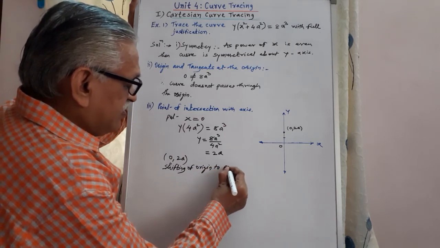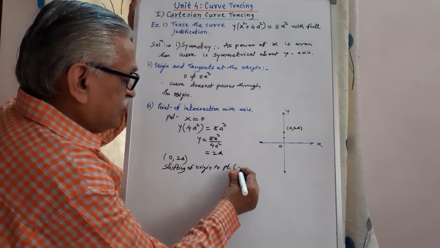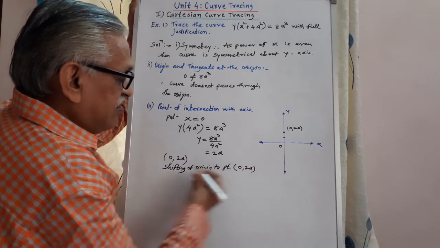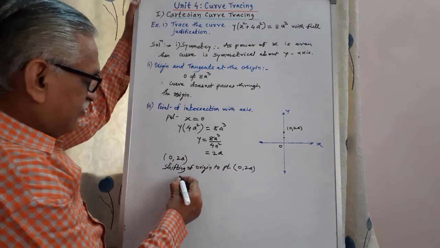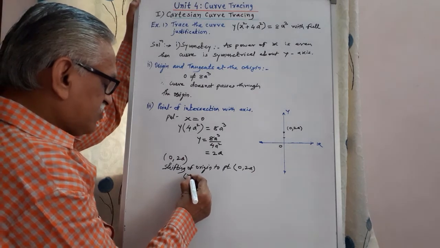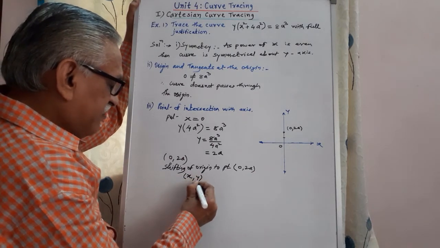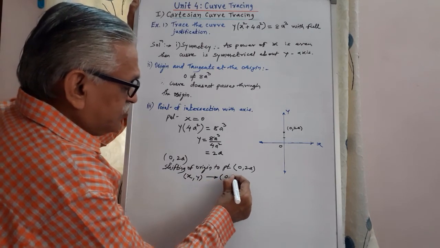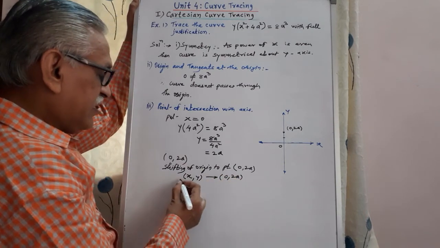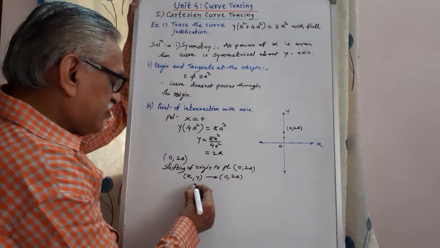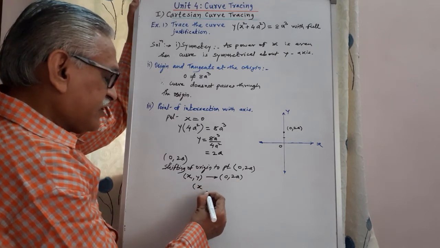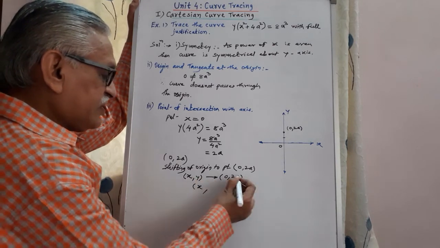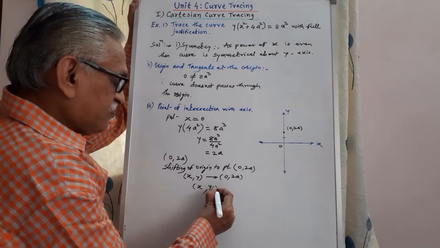Shifting to point (0, 2a). Suppose the original coordinates of that origin are x, y. From this we have to shift it to (0, 2a). In the process, change in x coordinate is x plus 0, that is x, and change in y coordinate is y plus 2a.